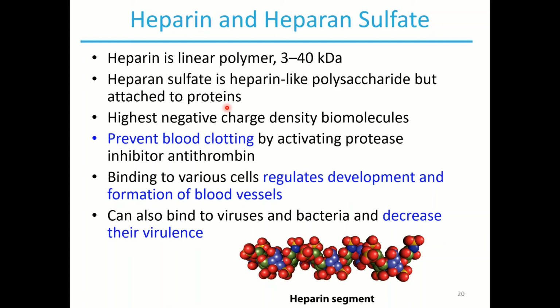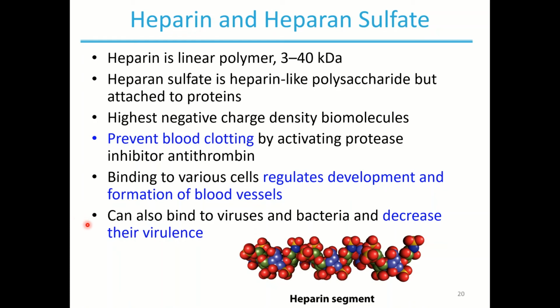These have one of the highest negative charge densities of all biomolecules. Okay, and what they're used for is preventing blood clotting, by activating a protease inhibitor, which, if you're curious, is antithrombin.